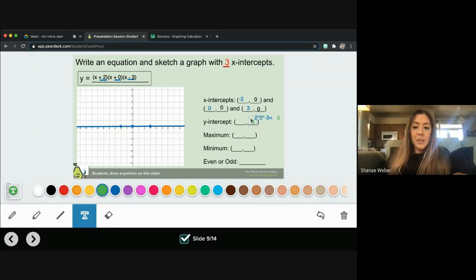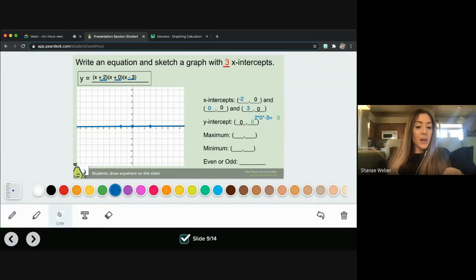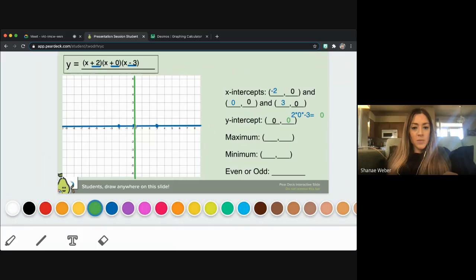So my y-intercept is 0, 0. And remember, whenever one of our x-intercepts is 0, 0, our y-intercept is also 0, 0. So I'm going to go ahead and show that on my graph too. So that is also right here.